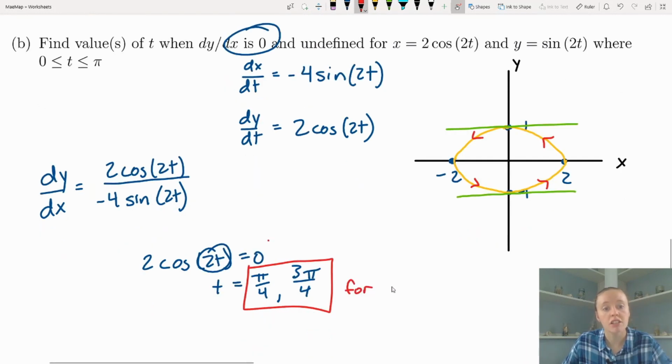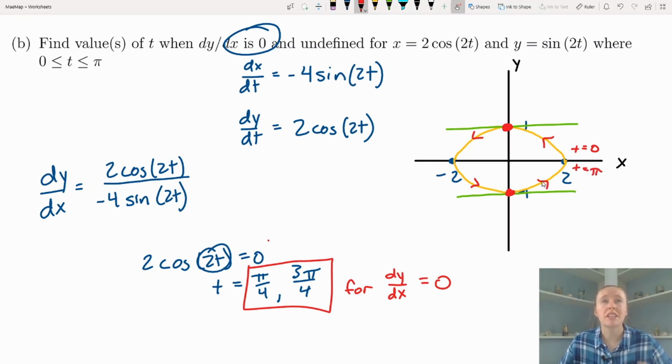So I'll make a note that this is for dy/dx equals 0, which we can see occurs here and here. If this period around was starting at a t value of 0 all the way around to a t value of pi.